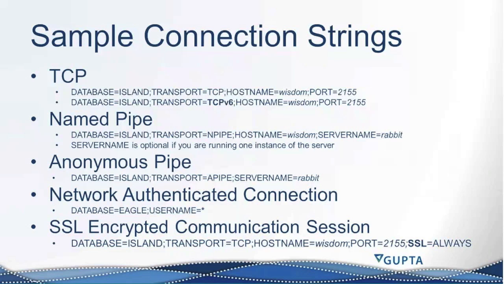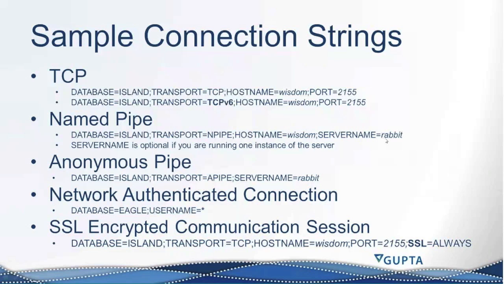If you're using Namepipe, you could specify the transport as Namepipe, and the host name tells you which machine you want to connect to, and you can use the DNS name. And the server name is part of the Namepipe connection.